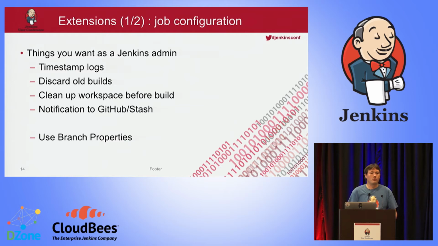I want a policy to discard the old builds because I need housekeeping on my servers to avoid my disk being full. I want to clean up the workspace before the build because this ensures that the build can be reproduced. And I want to handle the notification to whatever collaborative system I'm using, whether it's GitHub, Stash, Gerrit, whatever. This uses a system called branch property, which I will describe a bit later.